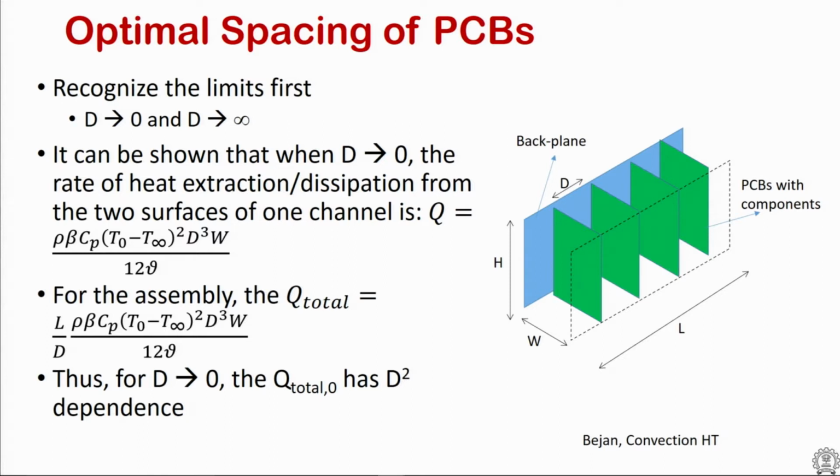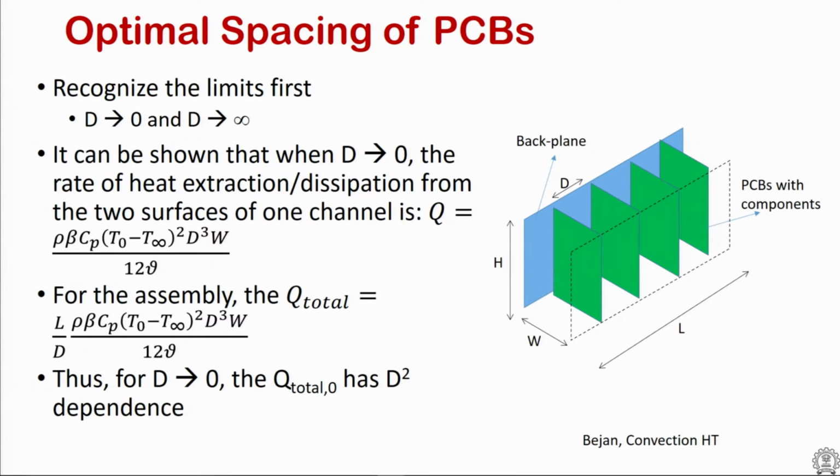The boundary layer is growing on both sides of the plate, but those boundary layers are not interacting. So you can work with a typical vertical flat plate correlation to capture the impact of it.